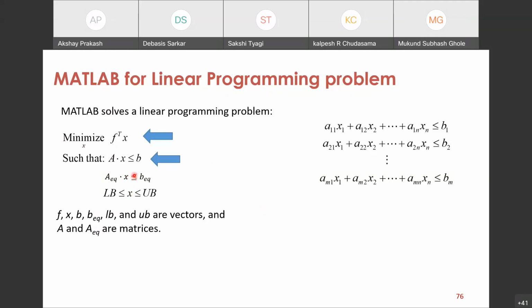So MATLAB solves a linear programming problem in this format. So we have to express our linear programming problem in this format only. And it also solves a minimization problem. So if you have a maximization problem, you have to solve it as a minus minimization problem.